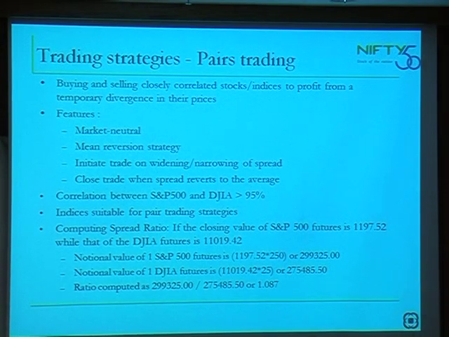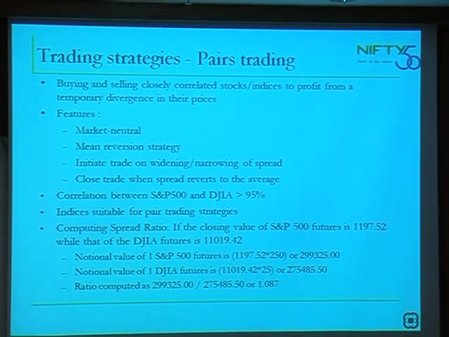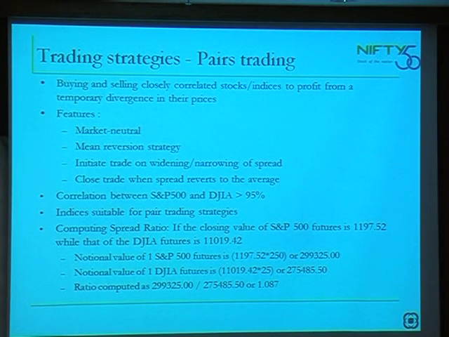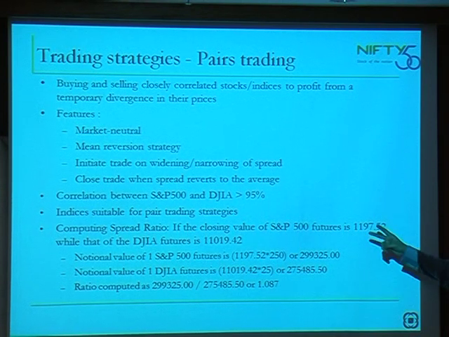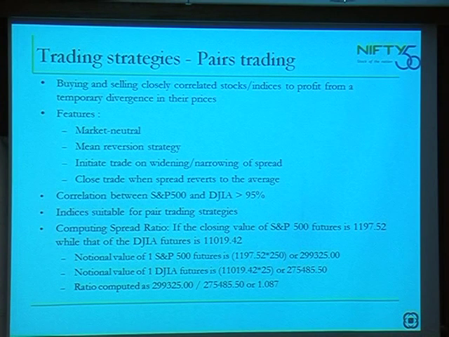Pair trading, I'm sure many of you are involved in pair trading or by whatever name you call it. Pair trading in these two indices is very popular. As you know, in the US, automated trading volumes are very high, and these two indices, because of their high correlation, become an ideal pair.